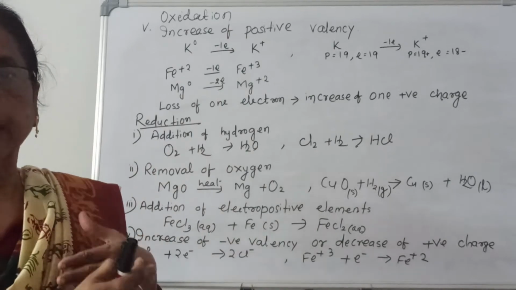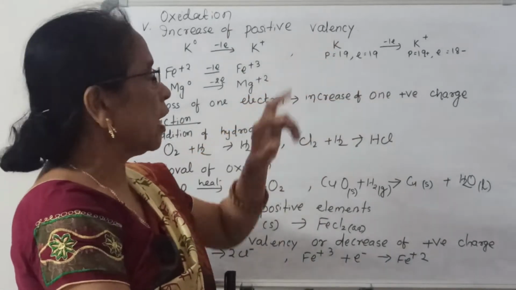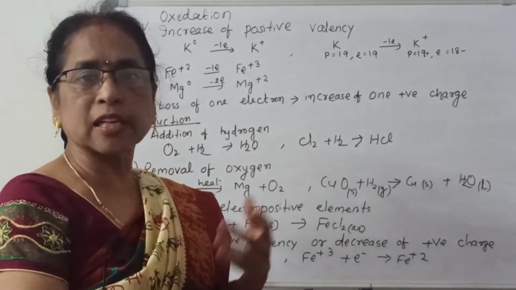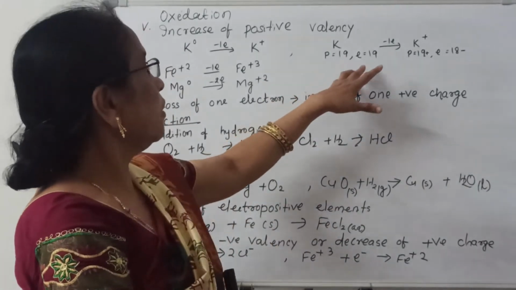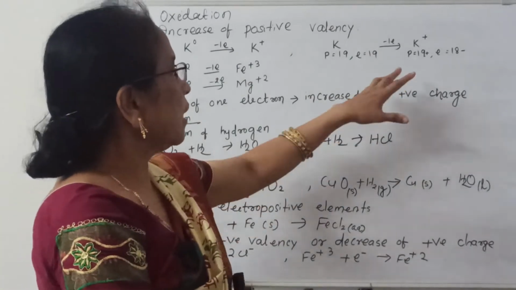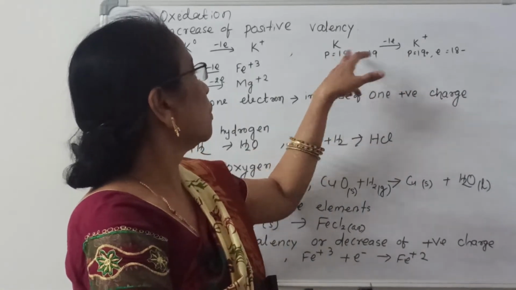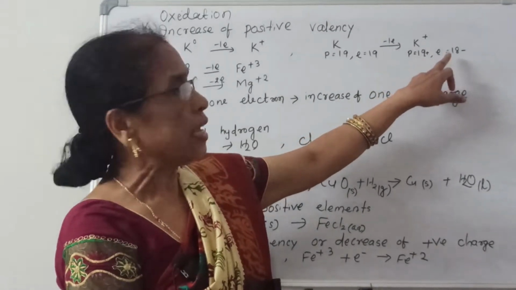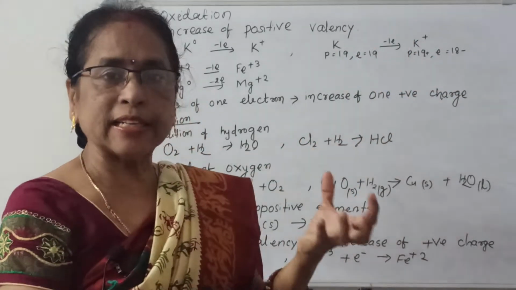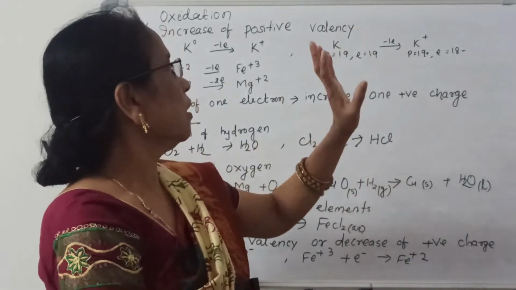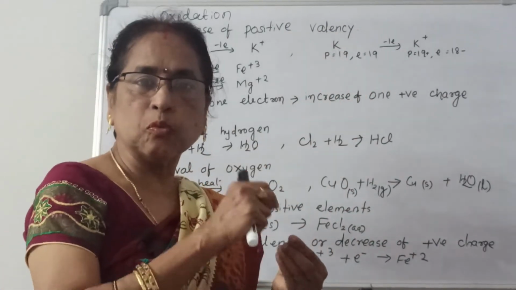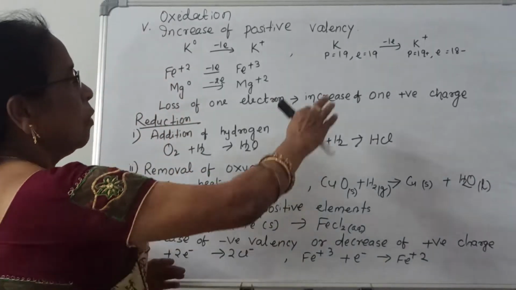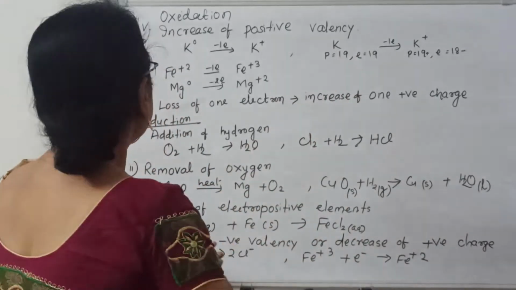How does it form? Potassium has 19 protons and 19 electrons because the atom is neutral. When one electron is removed, what happens? Protons 19 plus and electrons 18 minus. So what is the net result? That is plus 1.